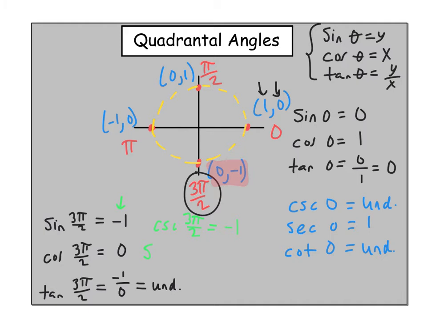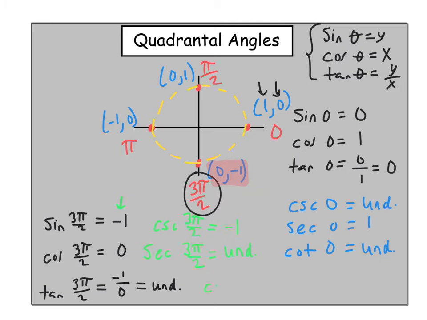The secant of 3 pi over 2 is going to be the reciprocal of 0, so it would be 1 over 0, which is, of course, undefined.